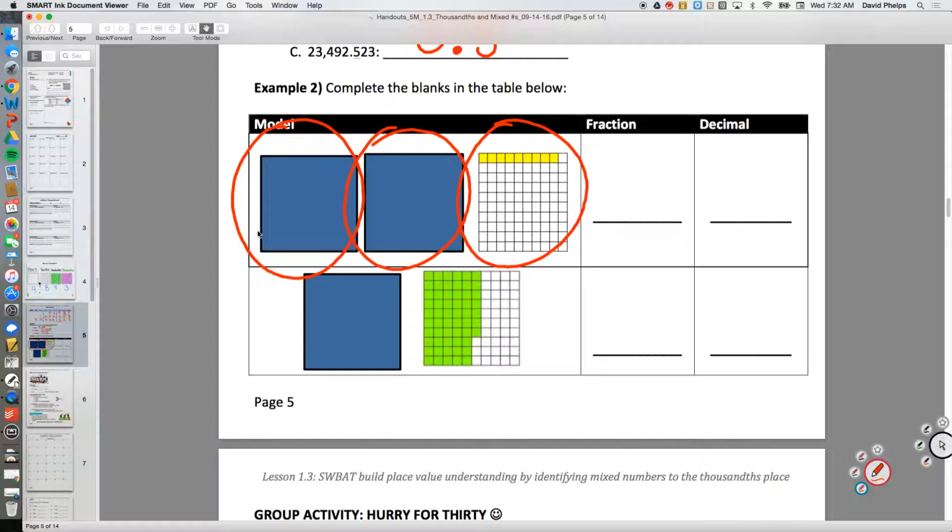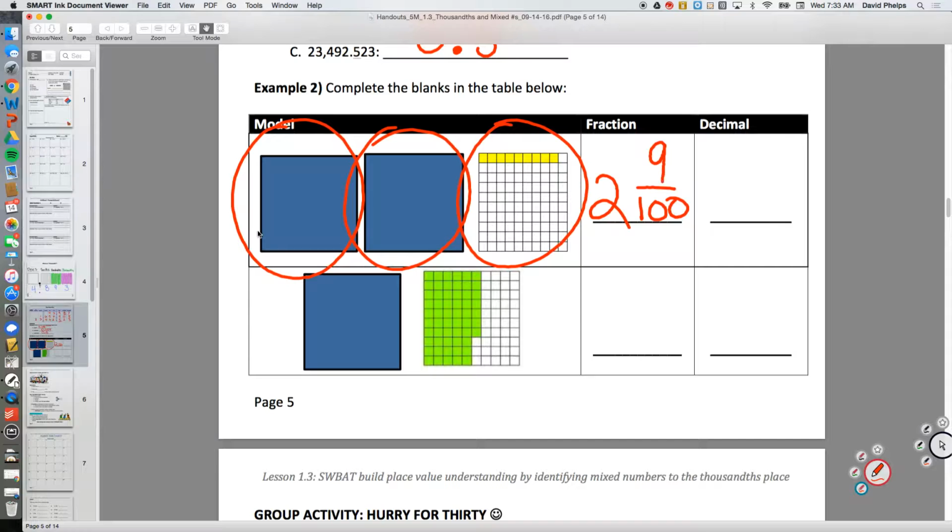Well, first we have 2 boxes that are totally shaded in. So that's going to be 2 wholes. So write in our fraction 2. And then we're going to have a mixed number here. The fraction would have a denominator of 100 because the fraction is split into 100 equal pieces. And now count how many pieces are shaded in.